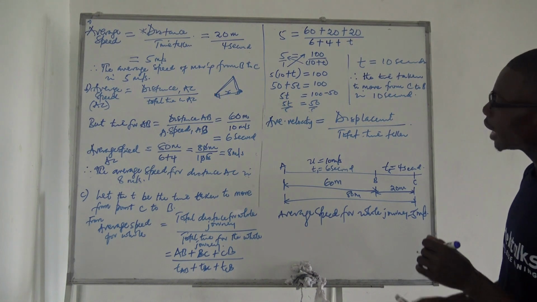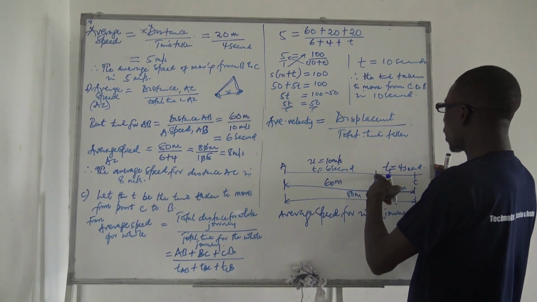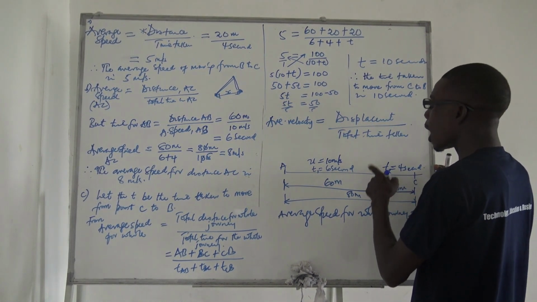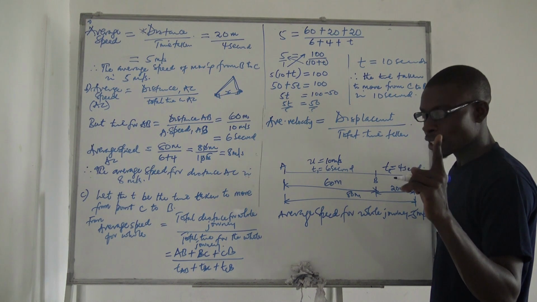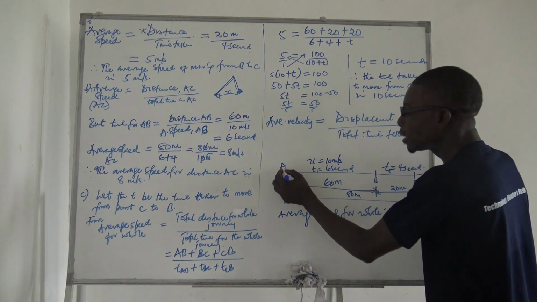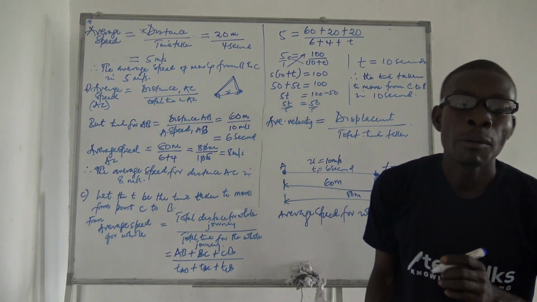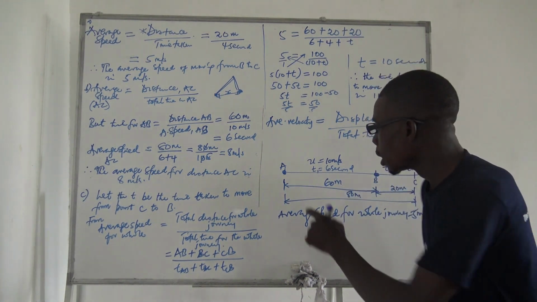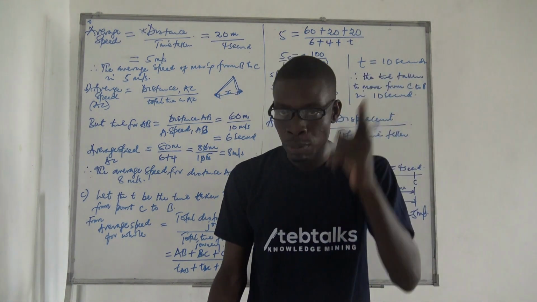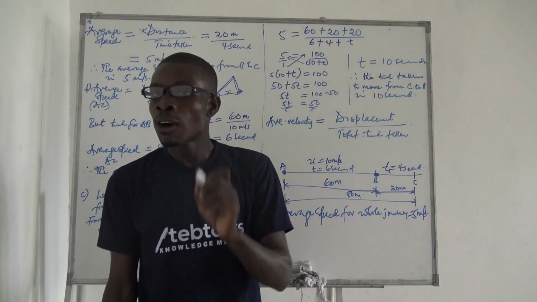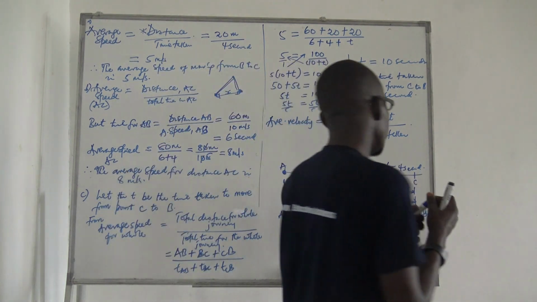So that brings us back here: if this body moves from here, comes here, and then finally here, our displacement is how far it is from where it started to where it finally is. Whereas distance would be this plus this. But for displacement, we look at how far we are from the original or starting point.